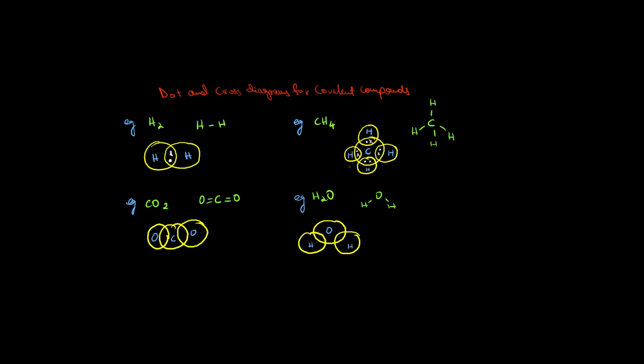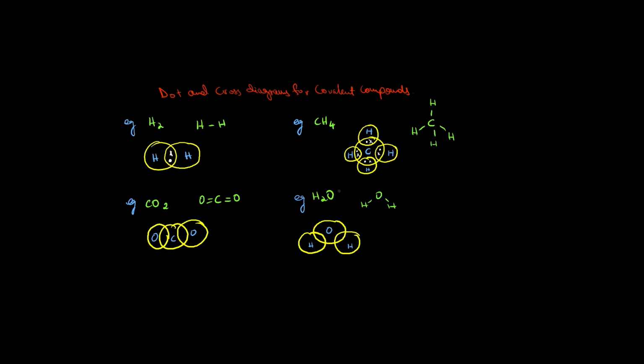Now each of the hydrogens has 2 electrons and the carbon has a total of 8 electrons if you look at it, right? So the carbon is also stable and all the hydrogens are also stable. Therefore, all of them have stable duplets and octets, and this is a stable molecule. This is how we draw the dot and cross diagram.